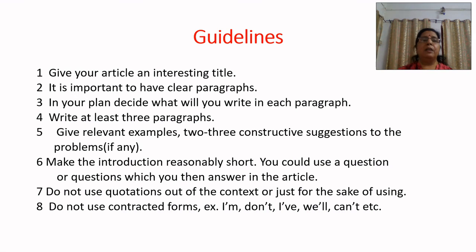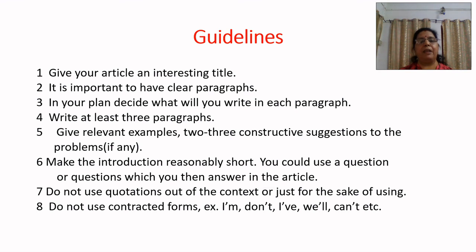So dear children, let us see what guidelines we should follow while writing an article. First, give your article an interesting title. It is important to have clear paragraphs. Then, in your plan, decide what you will write in each paragraph.